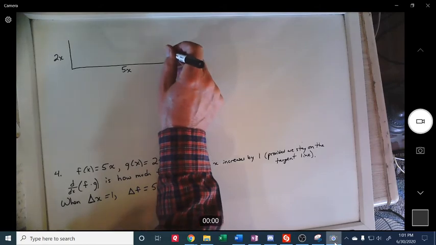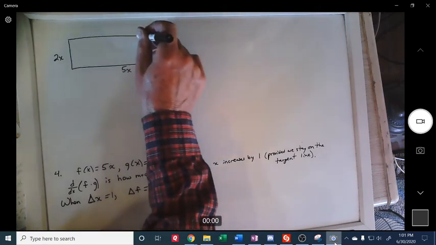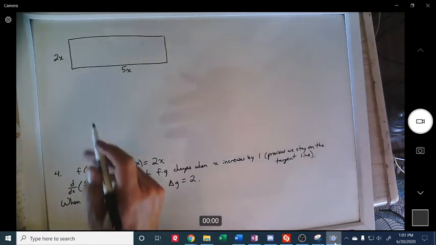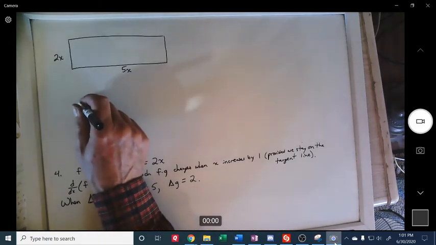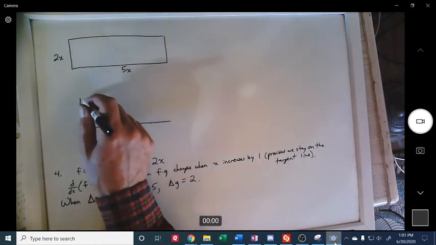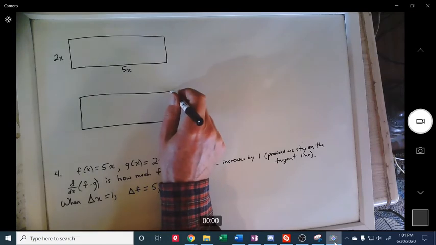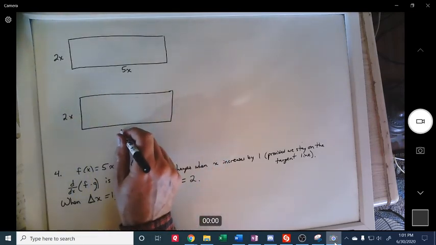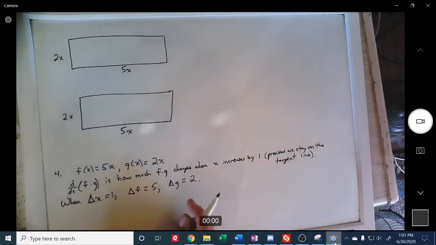I don't know what x is, but that's just for some arbitrary value of x. Now, let me draw it again. 5x for some value of x.